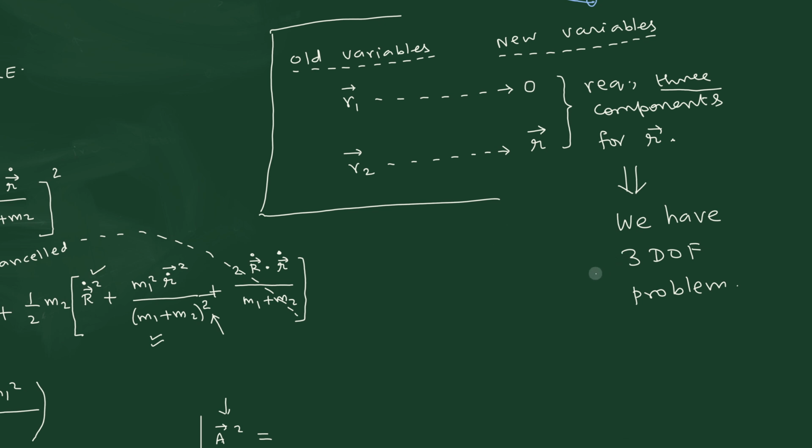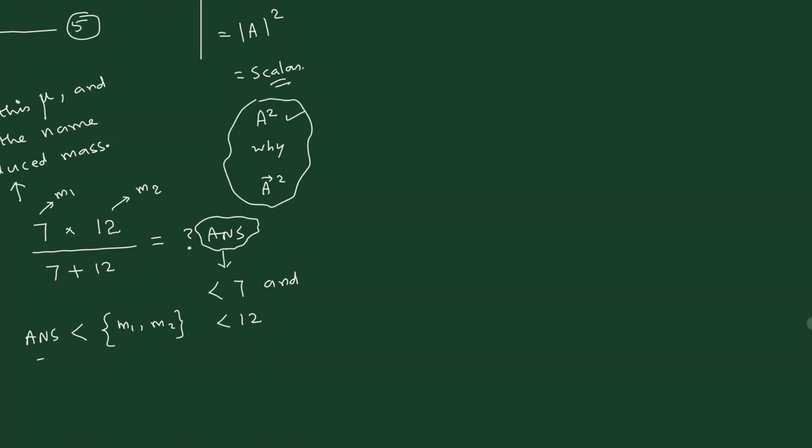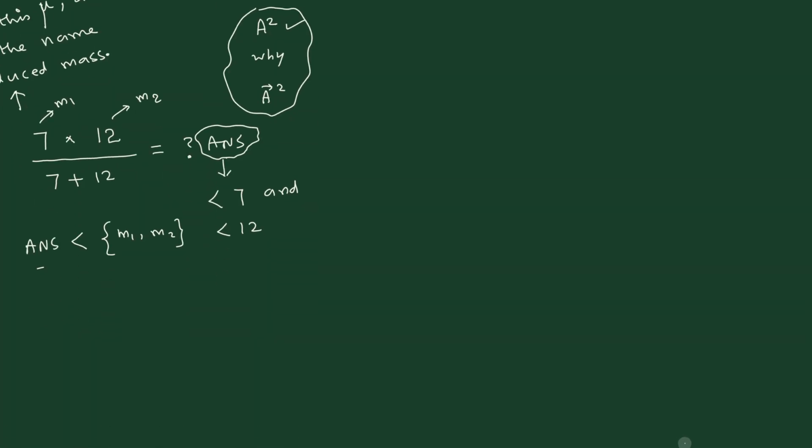So finally what happened is we have a 3 degrees of freedom problem. Now we are happy that the 6 degrees of freedom problem has come down to a 3 degrees of freedom problem. This is the important conclusion, provided that you shift the origin. That is the point to be noted.